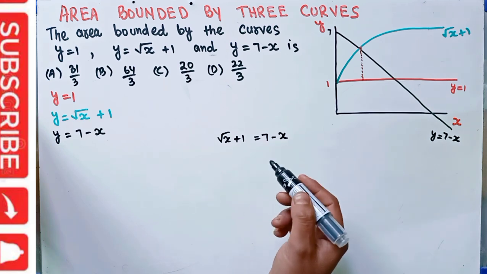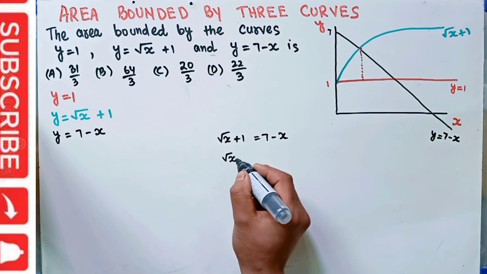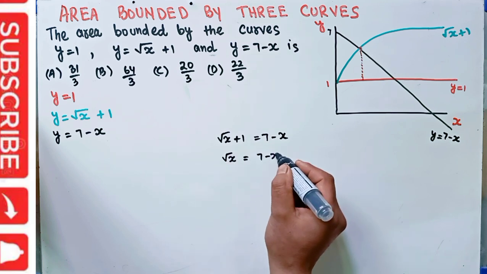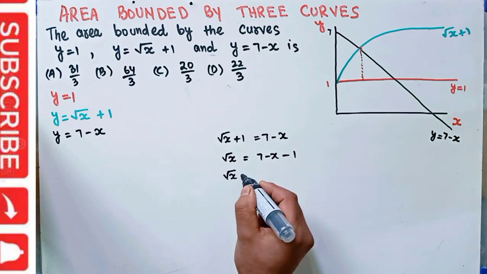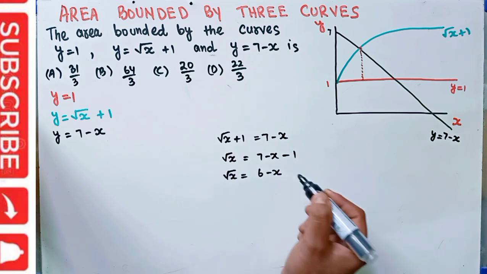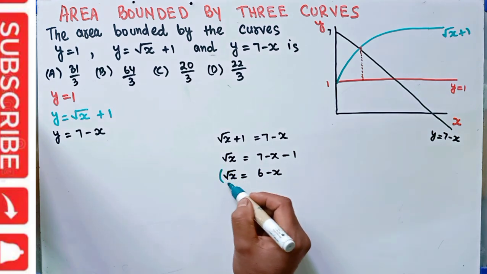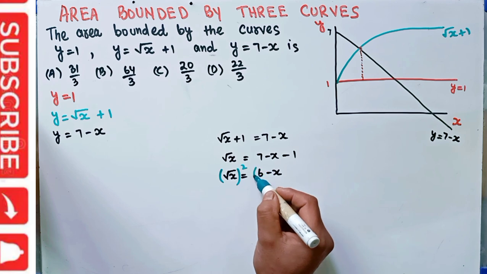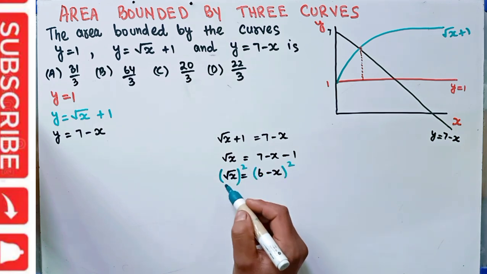We can rewrite it as under root x is equal to 7 minus x. Transposing the 1 here, it will become minus 1, so under root x is equal to 6 minus x. After that, what will we do? We will square both sides. Then the square and root will get cancelled.